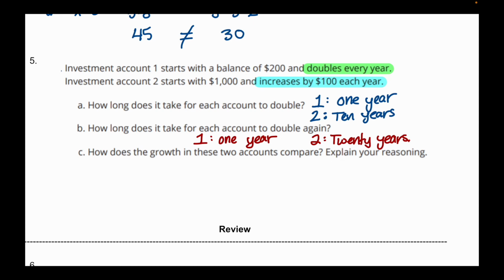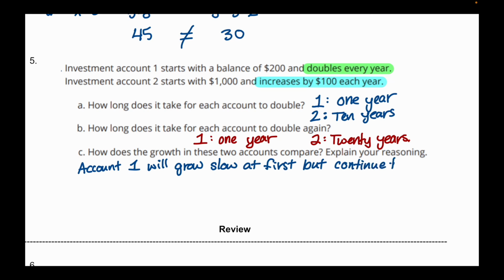How does the growth compare? And explain your reasoning. So we're going to say account 1 will grow slow at first, but continue to speed up.